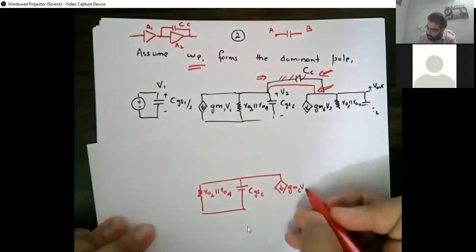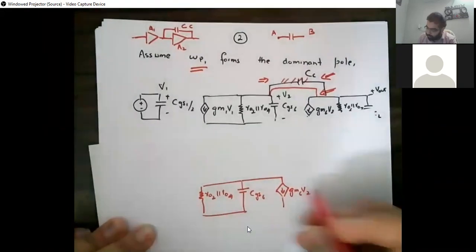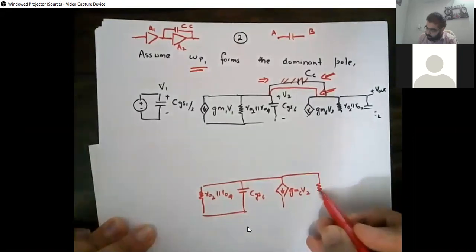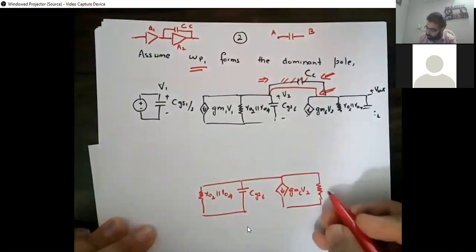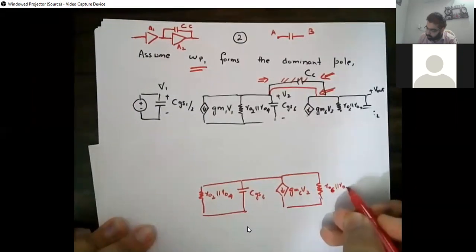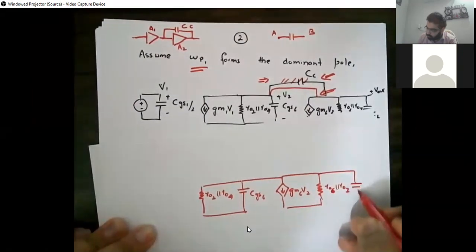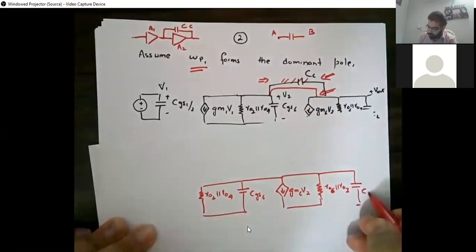They are no longer disconnected, they are connected with each other. There is a connection between these 2 points. So what will be the impedance seen at this point?